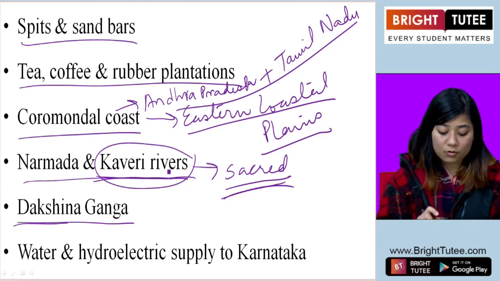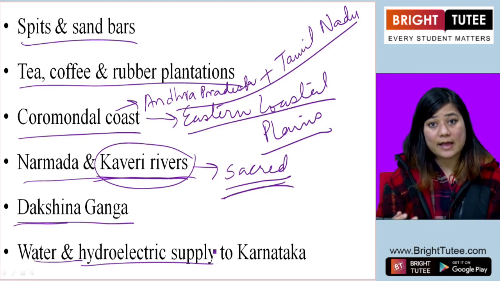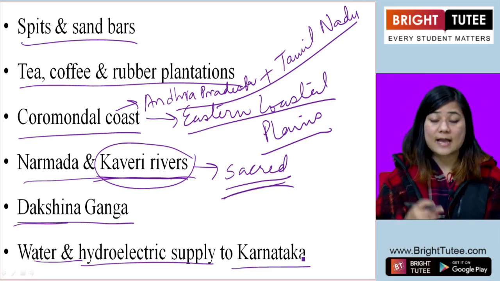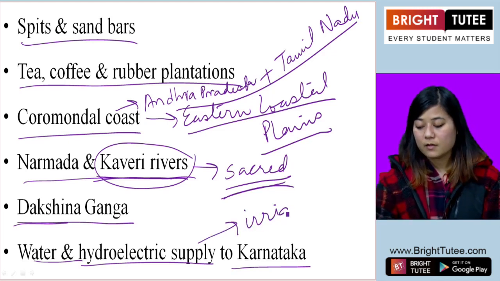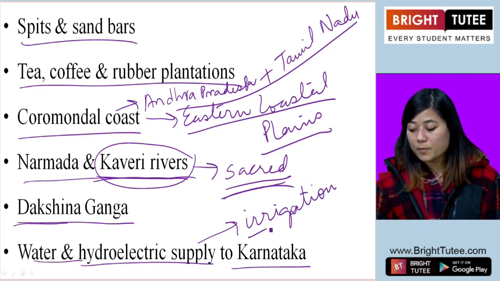Okay, so as a result of that, water and hydroelectric supply is provided to the state of Karnataka, and that is very essential for the irrigation there, for the cultivation of crops there.